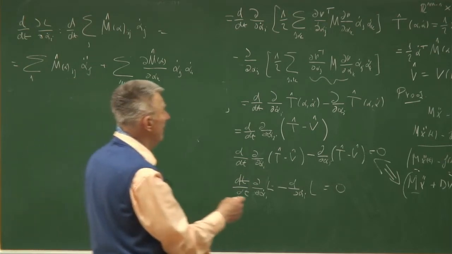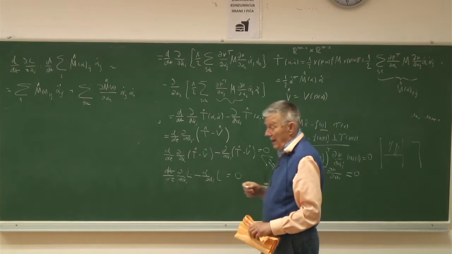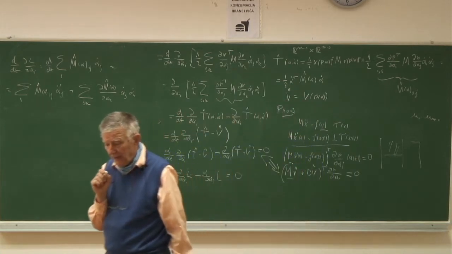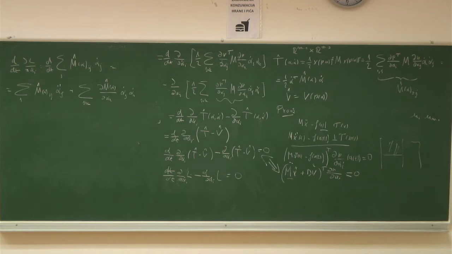What's t? T is this. And let's look at the special movement we have studied a little bit in detail last times. And that's the movement about the equilibrium. And look what those equations tell in this case.